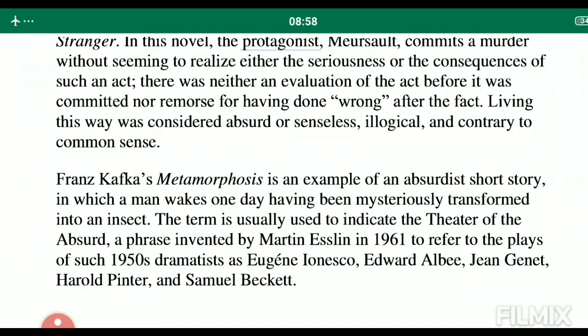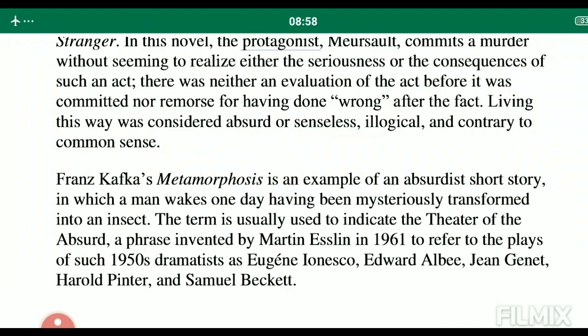So the nothingness in this particular drama, Waiting for Godot, written by Samuel Beckett, indicates how man's life in today's era is completely absurd.